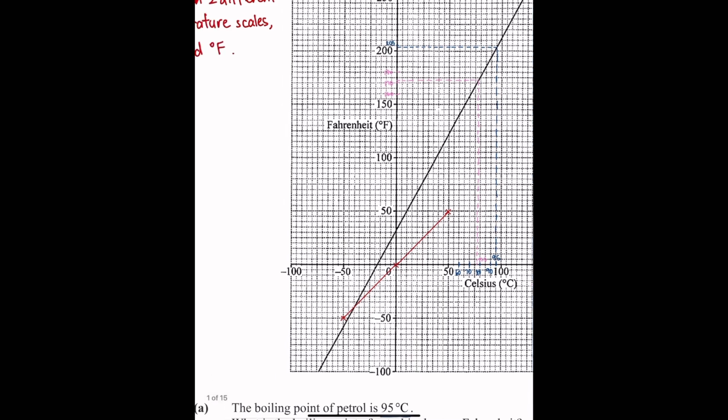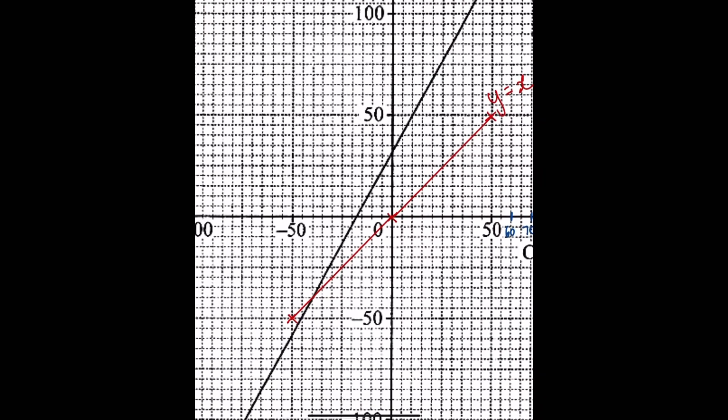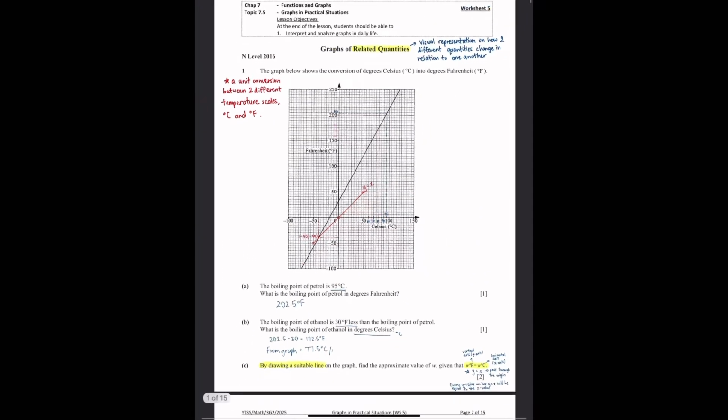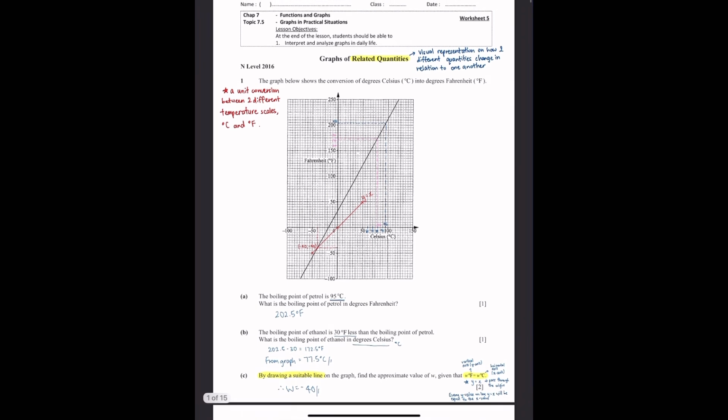This line y equals x cuts the other line given at this particular point. Let's find the coordinates for this point. The coordinates are negative 40, negative 40. So this means your W here will be negative 40.